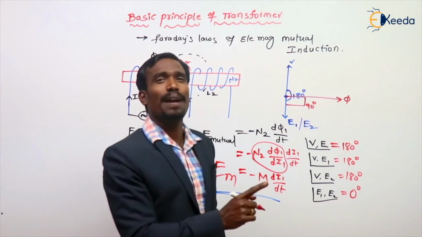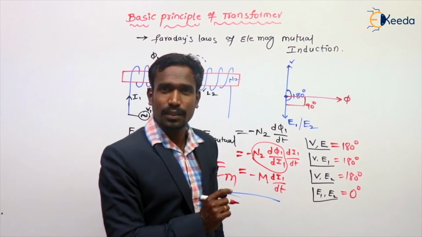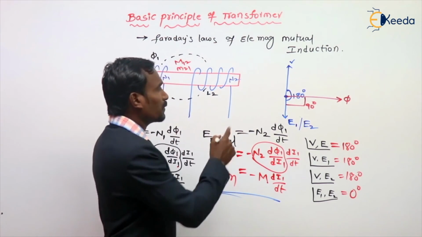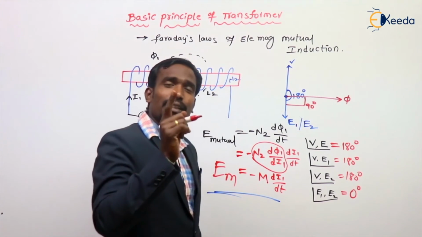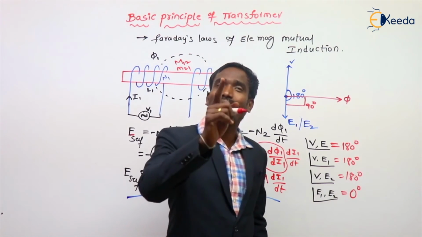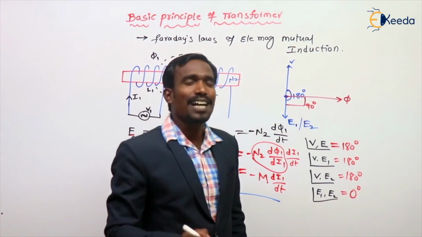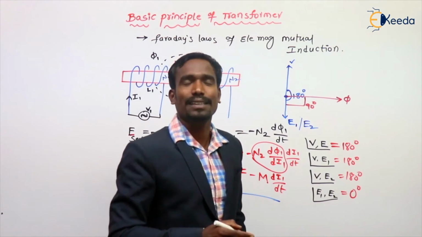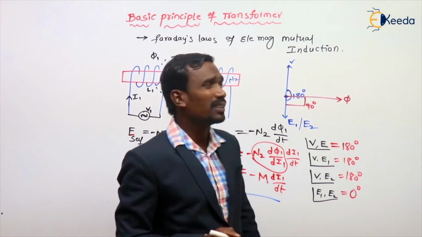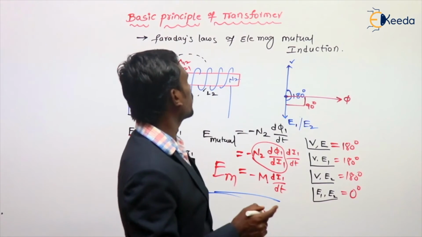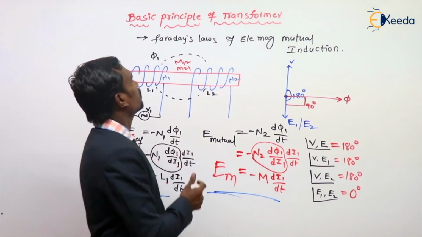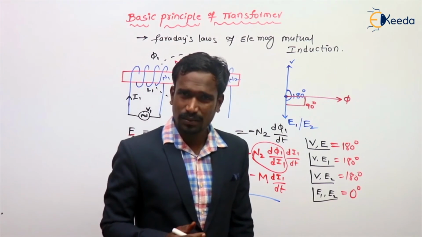In negative feedback, phase shift will take place. The transformer is a phase shifting device, and the transformer is a negative feedback circuit. This is the operation or the principle of the transformer.